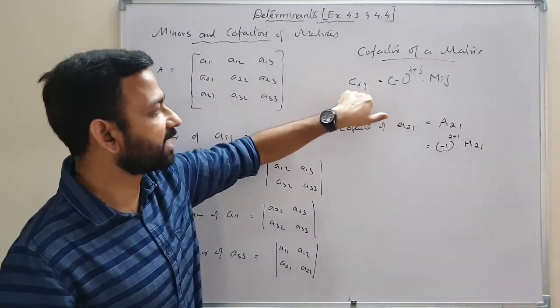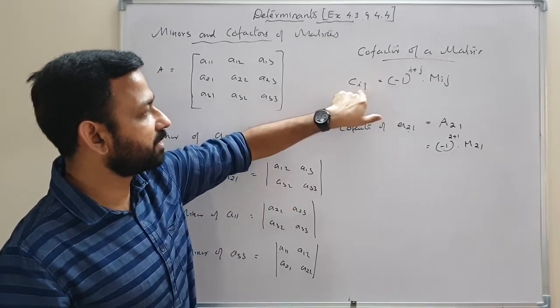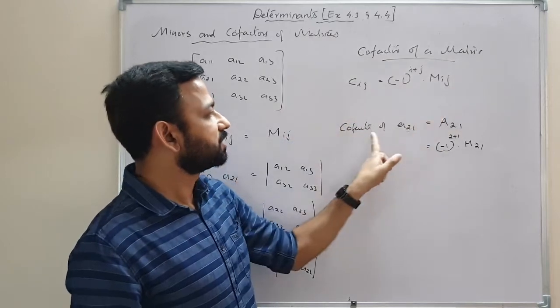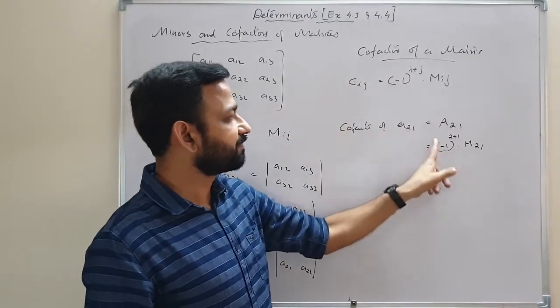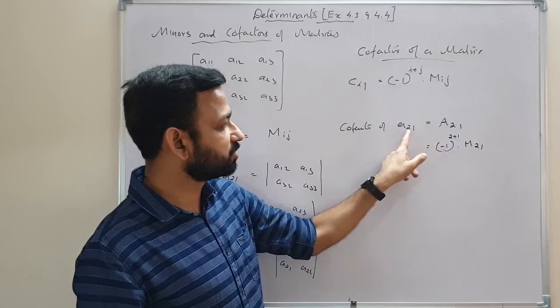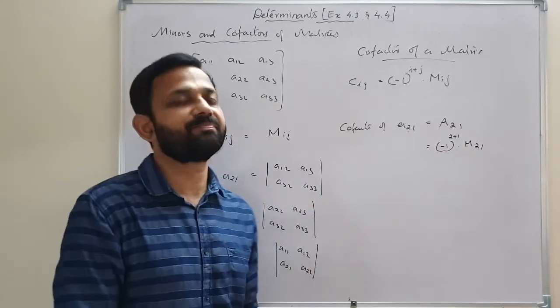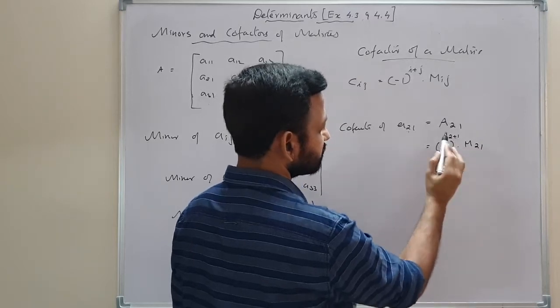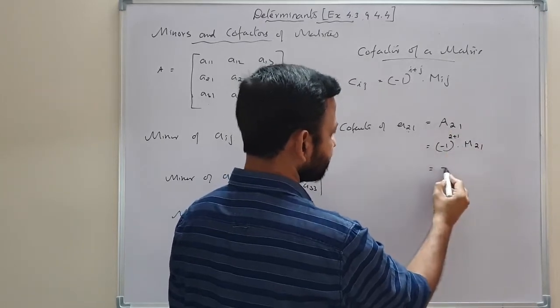Cij is equal to minus 1 raised to the power i plus j into Mij. So the cofactor of a21 will be minus 1 raised to 2 plus 1 into M21. 2 plus 1 is 3, so minus 1 raised to 3 is minus.